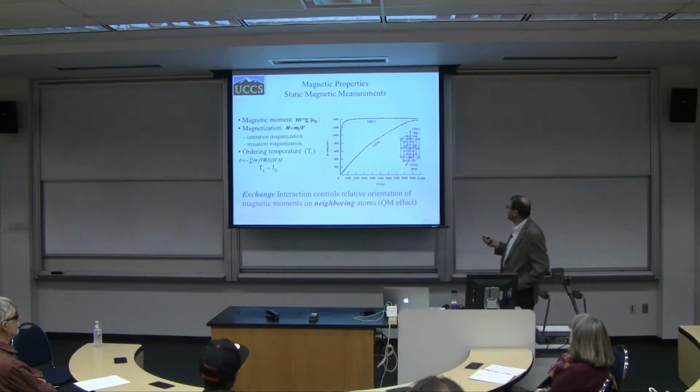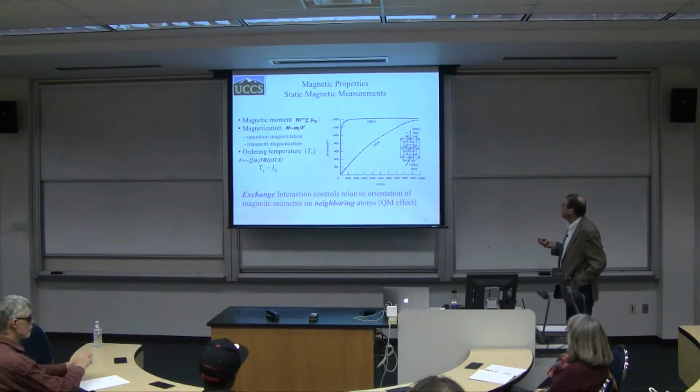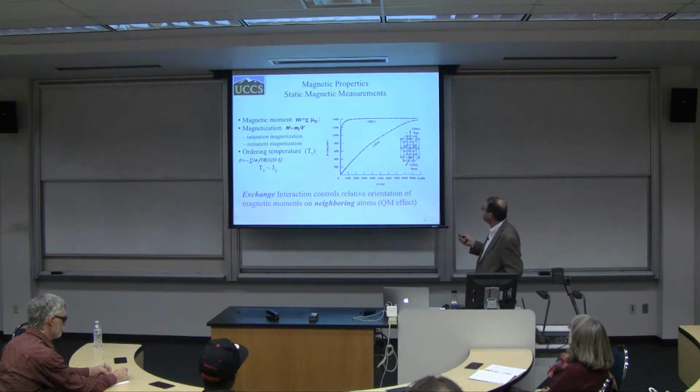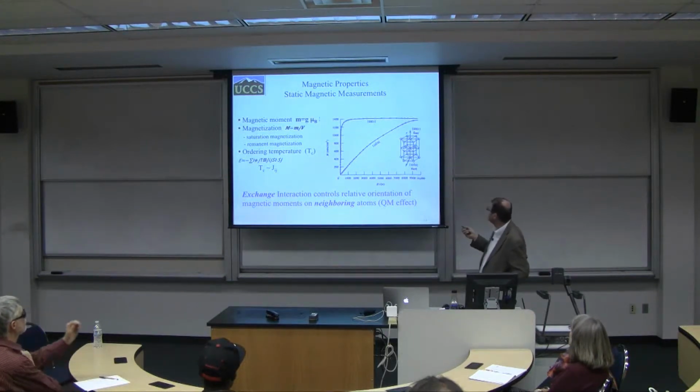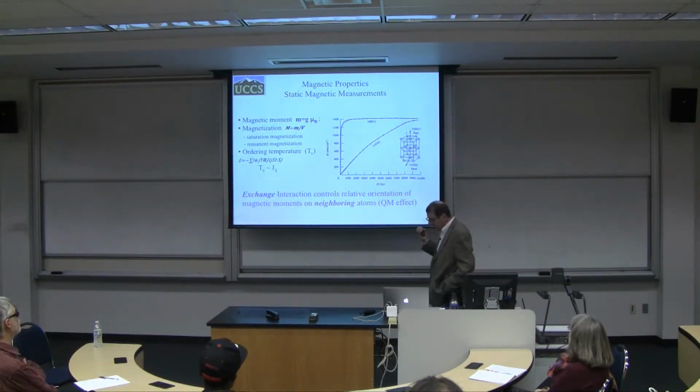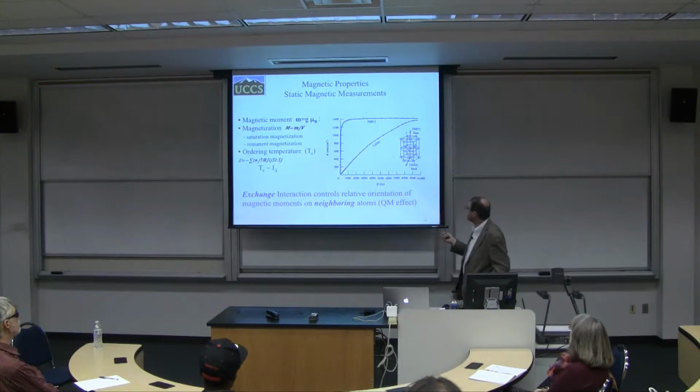So I have a magnetic moment, and the magnetic moment of the individual atom is given by g, the Bohr magneton, and S, which is unfortunately cut out of my figure here. Sorry for this. This determines the moment on a single iron atom.